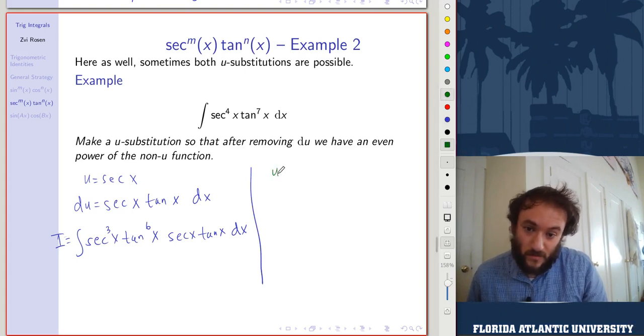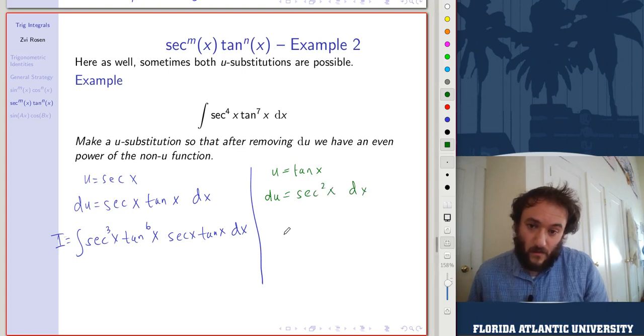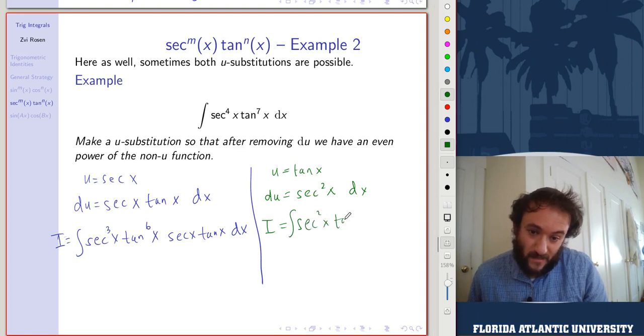Meanwhile, if we take u equals tangent x, we have du equals secant squared x dx. And our integral would become the integral of secant squared x tan to the seventh x secant squared x dx.